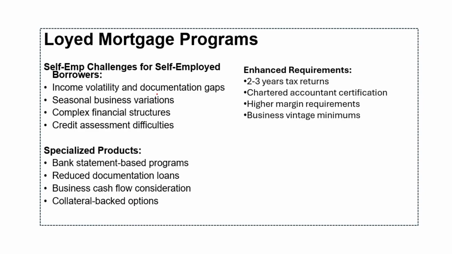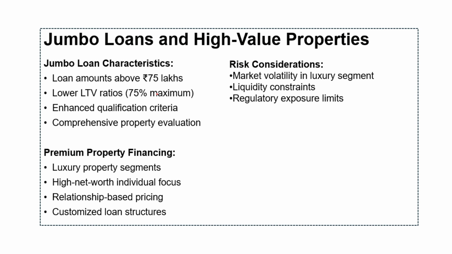Then we go to jumbo loans and high value properties. Jumbo loans typically exceed 75 lakh, serve the high-end property market with different risk profiles and operational requirements than standard mortgages, right.